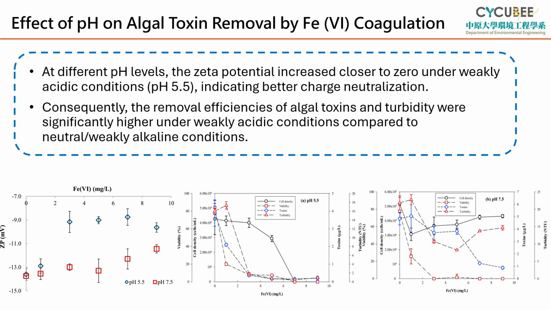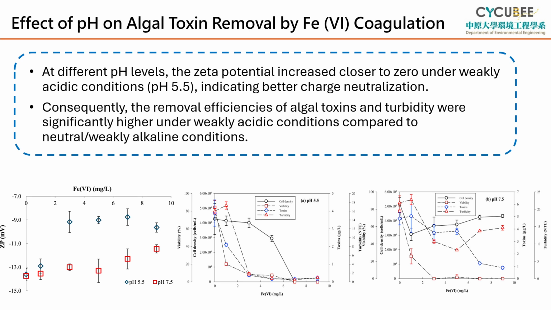Okay, now I'm going to introduce the effect of pH on ergotoxin removal by ferrate(VI) coagulation. At different pH levels, shown in the middle and right figures, the zeta potential increases closer to zero under weakly acidic conditions.